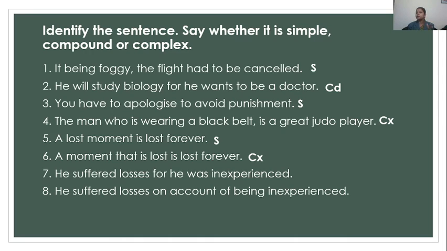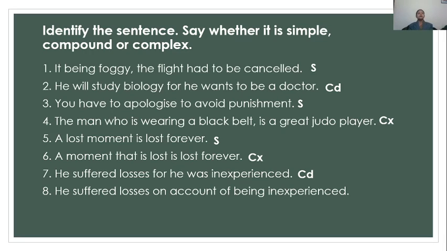Once this basic is clear to you, you can very easily identify simple, compound and complex sentences, because that is the main key feature of these sentences. So suffered is my first finite, was is my second finite. He suffered losses completes its meaning, independent, and he was inexperienced is also independent. The sentence has two independent clauses, so it is a compound sentence.